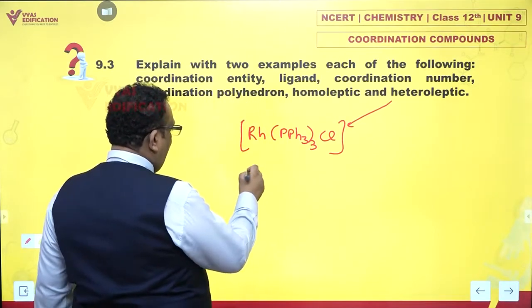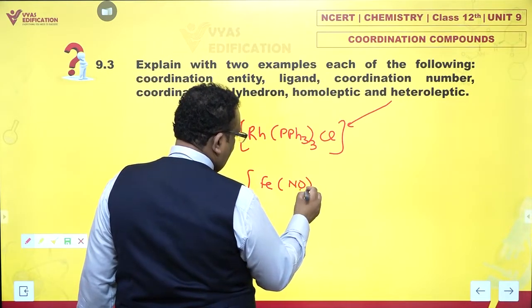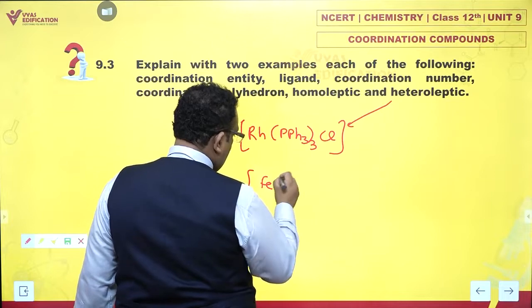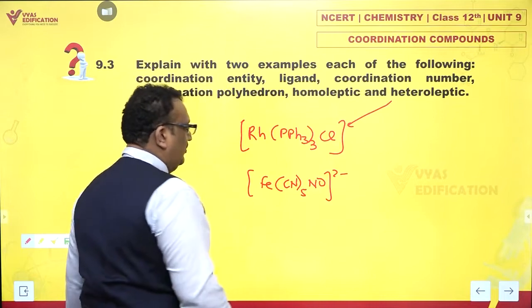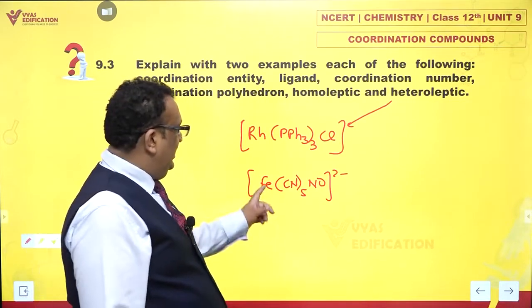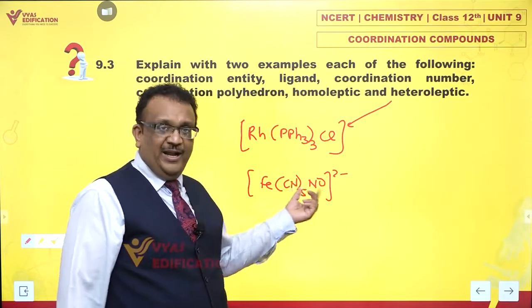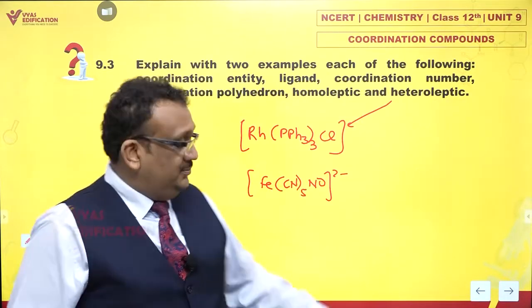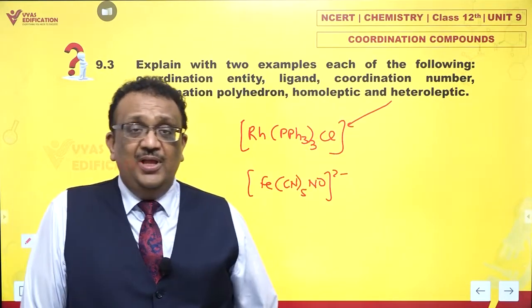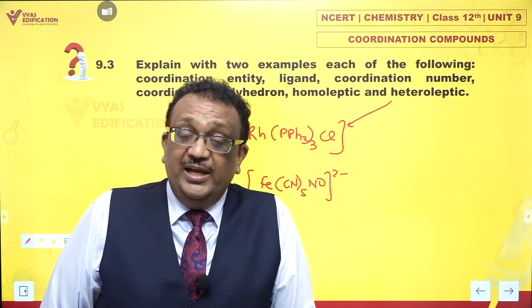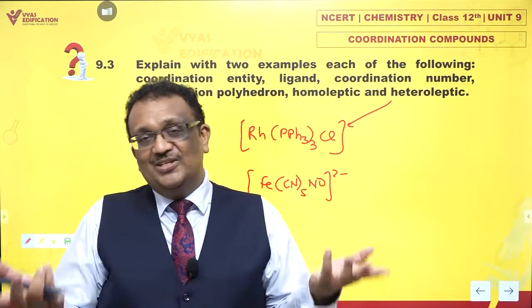If you want to keep it simple, well, Fe(NO)(CN)5 2-. This is the nitroprusside ion, for example. It has 2 different ligands, NO and CN, cyanide and nitrosonium cation actually. Together they make a heteroleptic complex. Why? Because all the ligands are not identical. These are the definitions with 2 examples each.